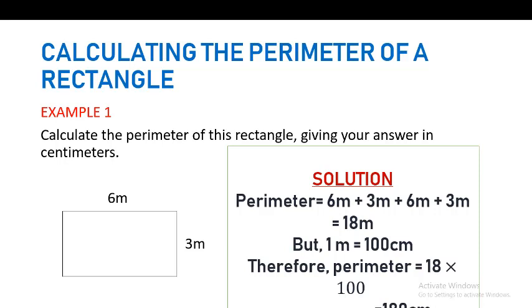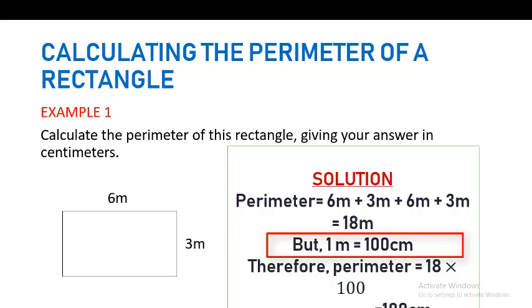So if we add these 4 dimensions, we are going to get 18 meters. But the question says we should give our answer in centimeters. That means we should change this 18 meters into centimeters. Now, we know that 1 meter is equal to 100 centimeters.